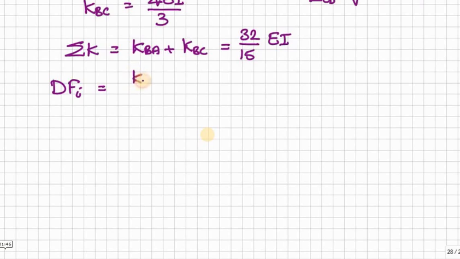Therefore, distribution factor in general DFi is equal to Ki divided by sigma K. Therefore, DFBA is equal to KBA divided by sigma K, which is equal to 3 by 8.